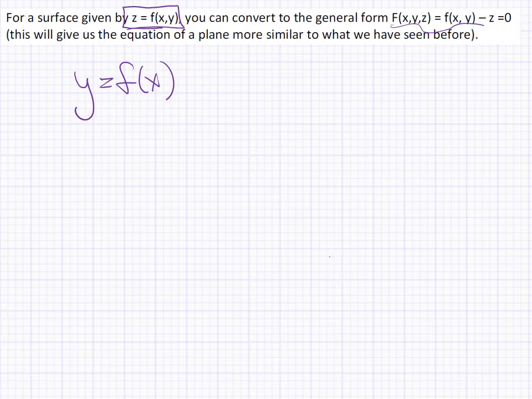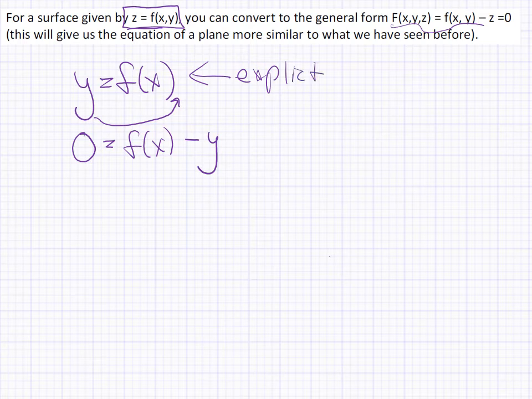Okay? Then what I can do is I can move this y to the other side of the equation by subtracting it, in which case this is 0, and now I have f of x minus y. And now it's no longer explicitly solved for y. It's not y equals. This is an explicit equation, and this is now implicit. Now we haven't talked about implicit differentiation yet.